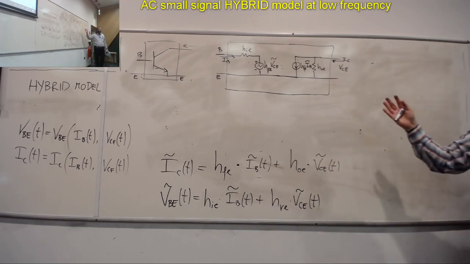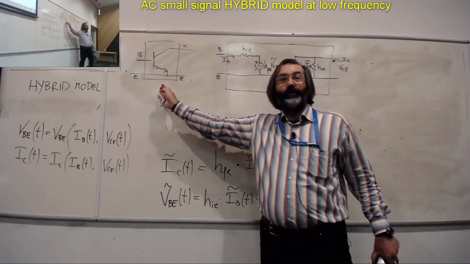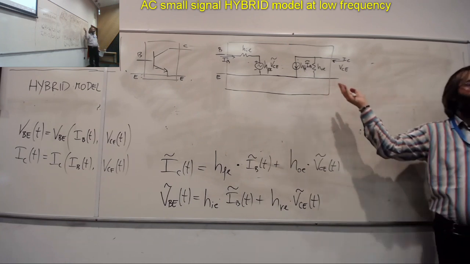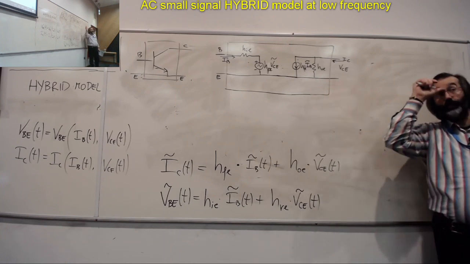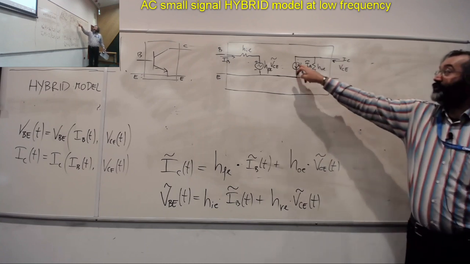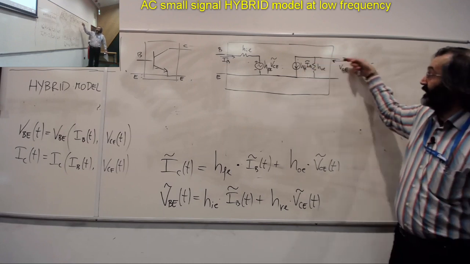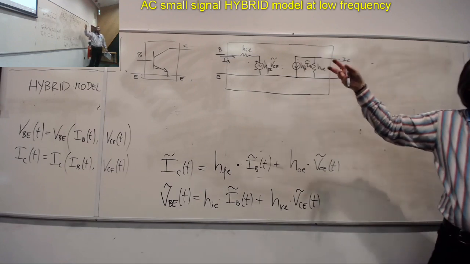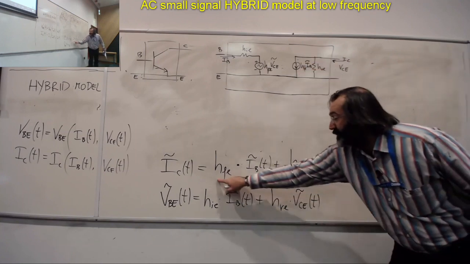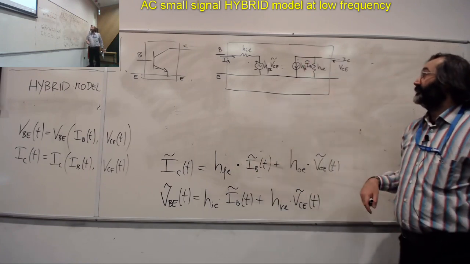This is the hybrid model, the equivalent circuit of my nonlinear component using just a couple of resistors and a couple of generators. It's completely linear. This generator is pointing in that direction because IC is going in like that according to the formalism we've been using. And so this current has to continue like that because you see this term is positive. So the current has to continue in that direction.